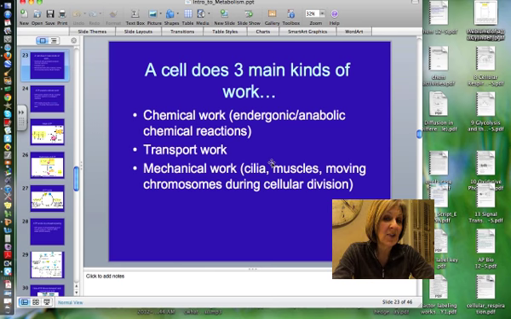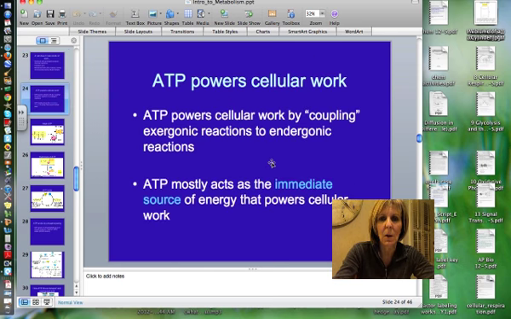As we saw in the last chapter, it has to do transport work, moving materials from a low concentration to a high concentration, active transport. And the cell needs to move things, mechanical work, like beating cilia, shortening muscles, dividing, and moving chromosomes during cell division. Those are the three basic categories of cell work.